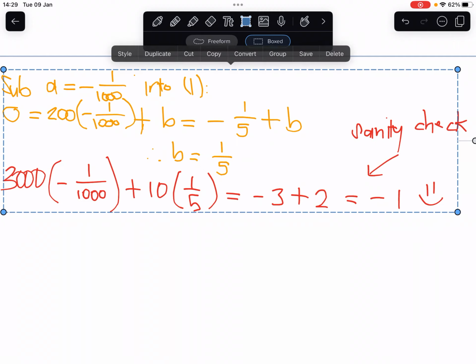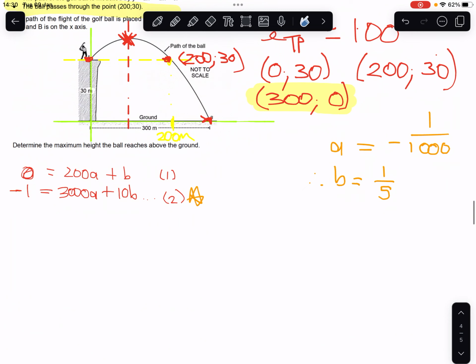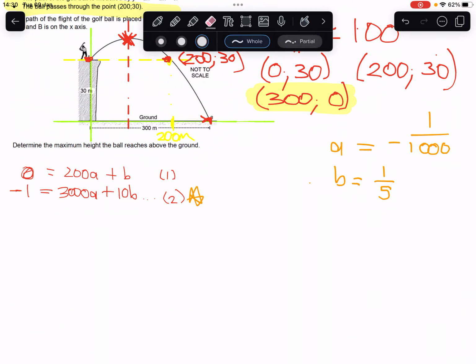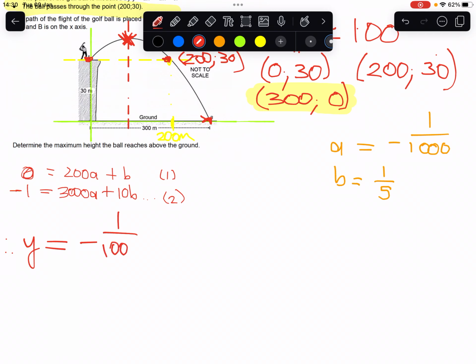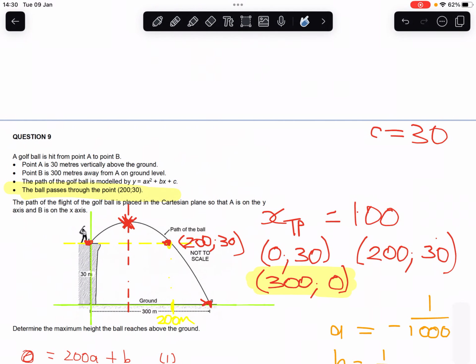Right. Okay, so we now know that a is equal to negative 1,000th, b is equal to a fifth, right? So therefore, y is equal to negative 1,000th x squared plus a fifth x plus c, which we very long ago determined to be equal to 30, right?